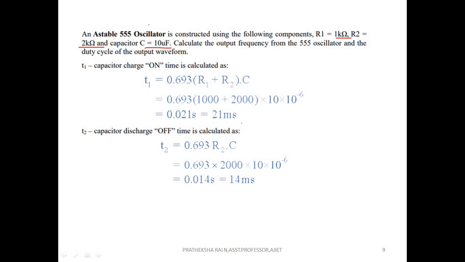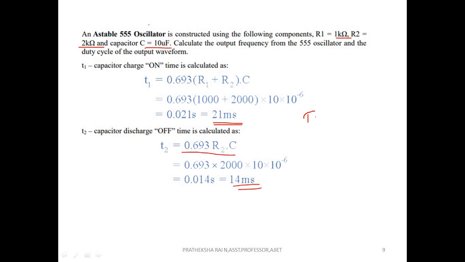You will get T high or T on as 21 milliseconds. Now the capacitor discharge uses the equation 0.693 into R2 into C. R2 is 2 kilo ohm and C is 10 microfarad, so we will get T2 as 14 milliseconds.